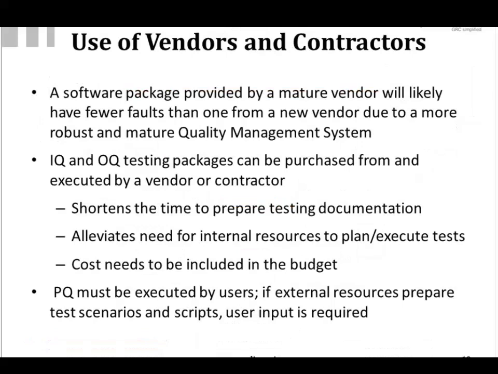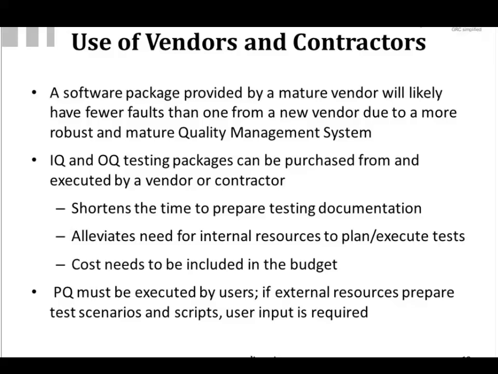Now, there's a way that you can use your vendors and contractors to leverage them to reduce the time it takes to do your validation. A software package that is from a mature vendor is going to be one that's much more tried out in the industry and is known to be something with fewer faults and going to be more robust and mature in terms of the vendor's quality management system.